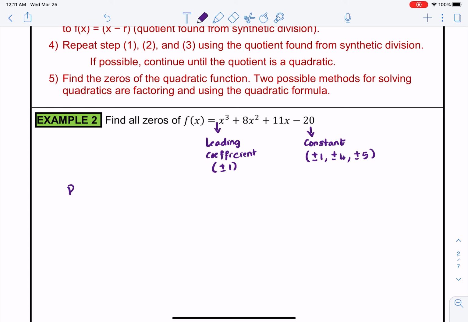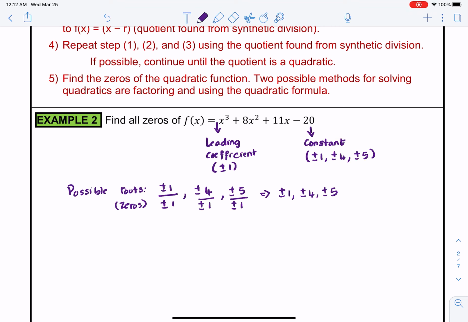So the possible roots are plus or minus 1 divided by plus or minus 1, plus or minus 4 divided by plus or minus 1, plus or minus 5 divided by plus or minus 1. This would mean the possible zeros are plus or minus 1, plus or minus 4, and plus or minus 5.